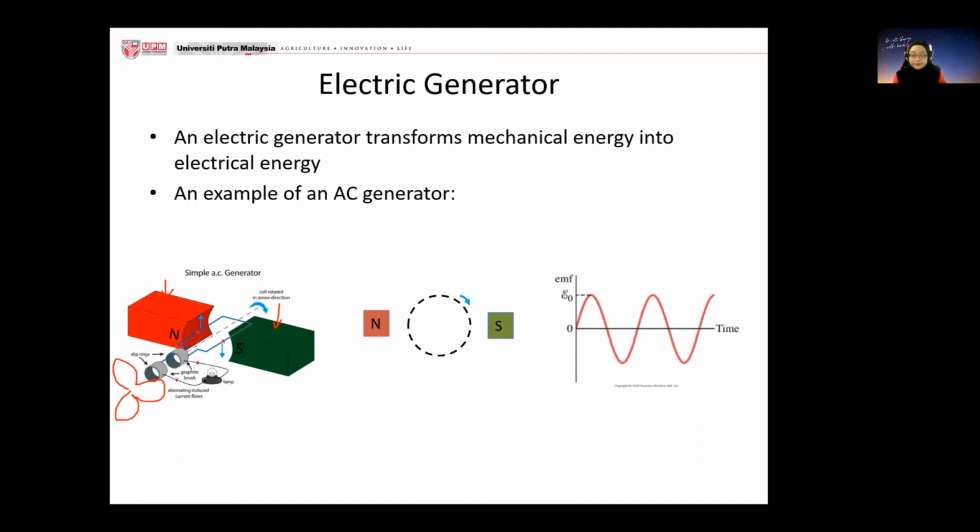So imagine that the movement is clockwise. That coil will move something like that, a clockwise motion.